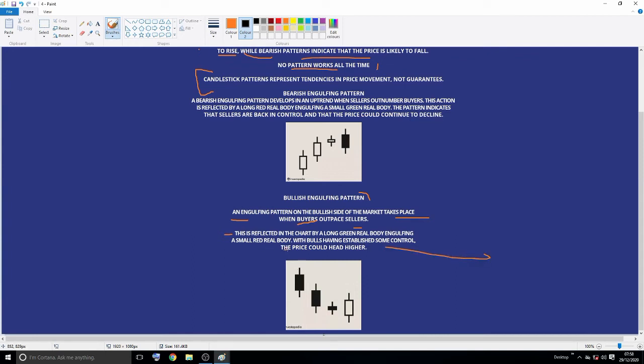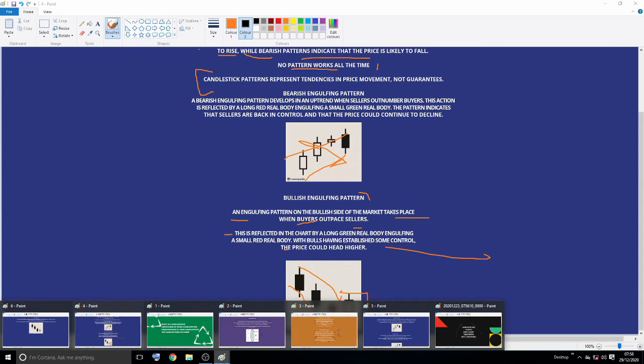The price could head higher. So it's the exact opposite of this. This was for a sell, this is for a buy. If the price keeps going down, then it gets weak, and you see a strong green candle out of nowhere, that means the price can start pushing to the upside, right?